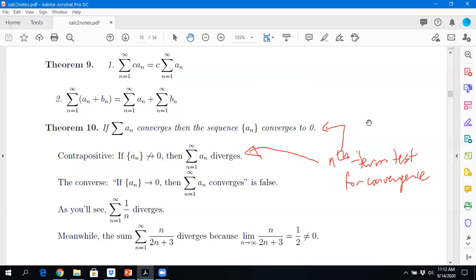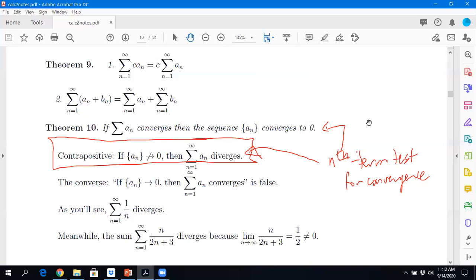If the terms don't go to zero, you automatically know there's no chance to converge, yes? Terms don't go to zero, there's no chance to have convergence, okay? But if the terms do go to zero, you conclude nothing. You just know there's a chance that you might have convergence, but you might still have divergence.